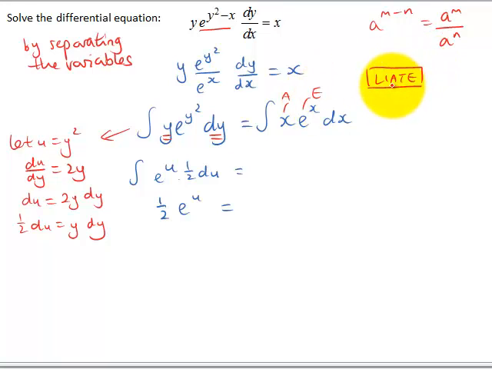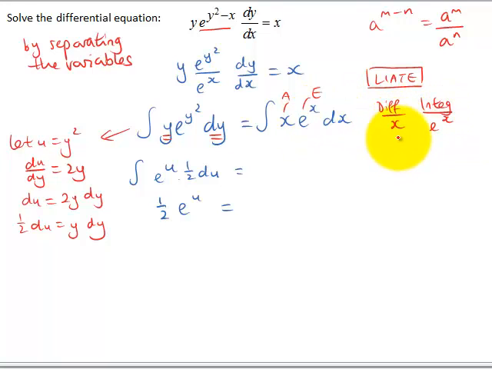So it means that I should choose x to be differentiated and e to the x to be integrated.